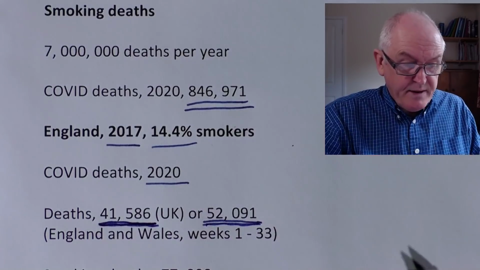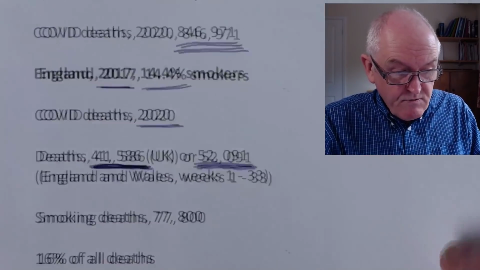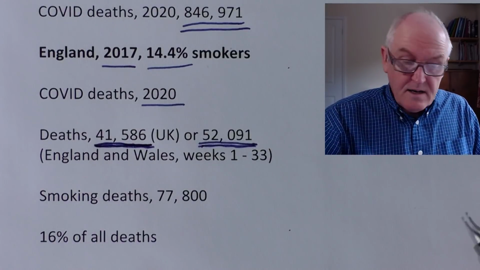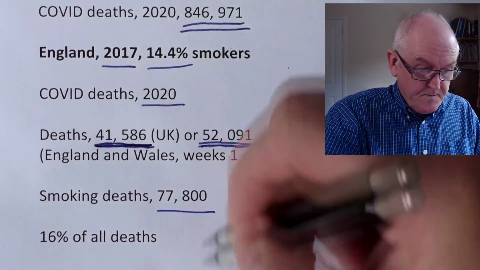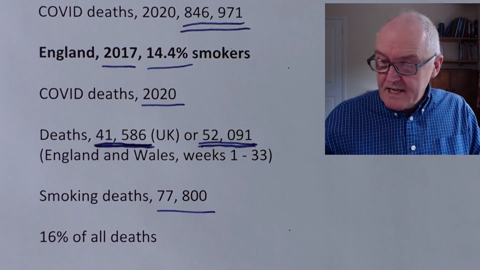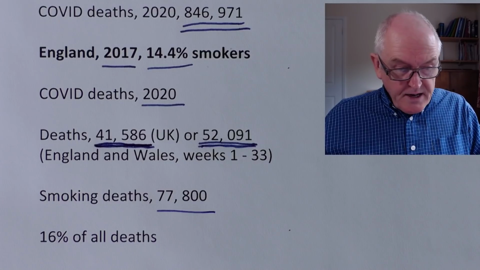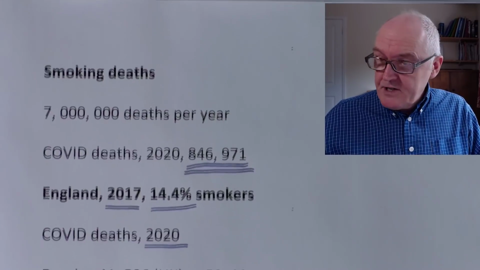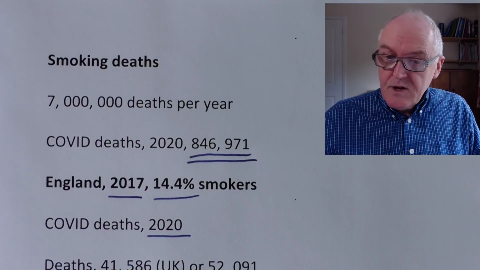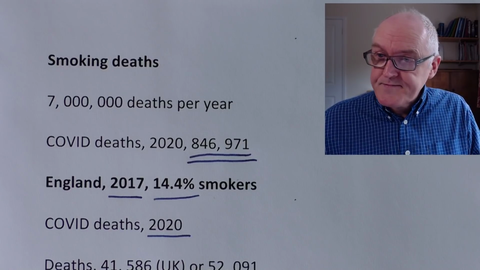So let's say about 60,000 cases, but smoking-related deaths in the UK, 78,000 nearly. 16% of all deaths are smoking related, and yet only 14.4% of the population are smoking. So what's going on here is that people are dying now as a result of cigarettes they smoked 10 years ago, 20 years ago, 30 years ago, 40 years ago, 50 years ago.